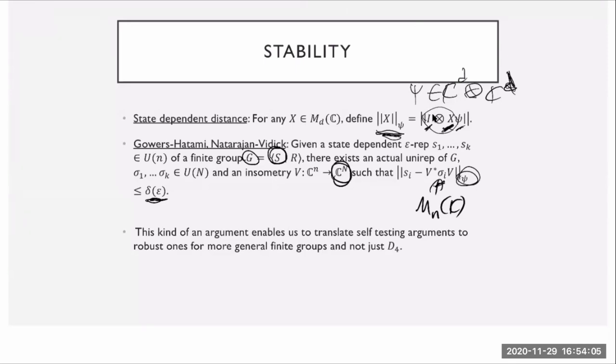Alon, you are with me? Yes. So they take S to be all of G and R to be the multiplication table. If you want to generalize it to general presentations, you need to say something about the diameter of the Cayley graph, and I didn't say anything about it, but you should.